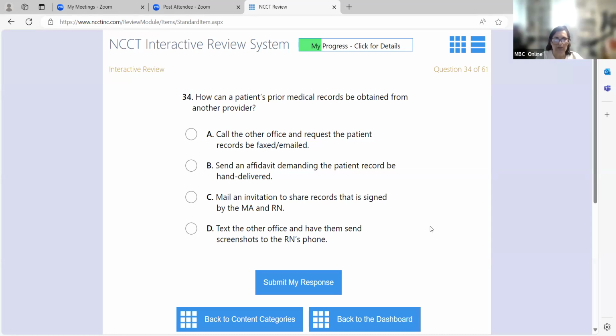Which one sounds like the best way for one office to get medical records from another office, that protects the patient as well?